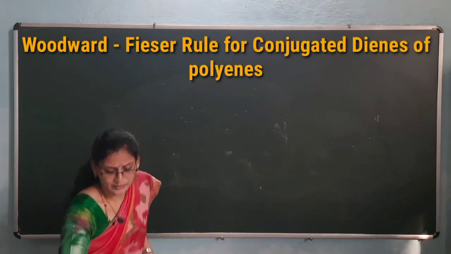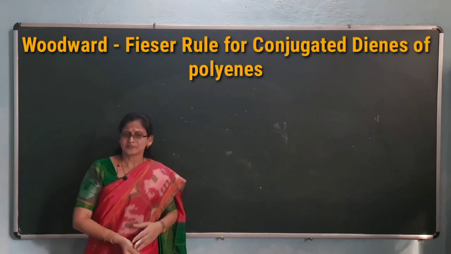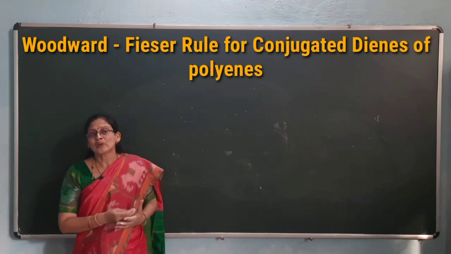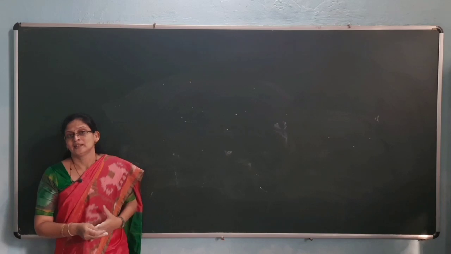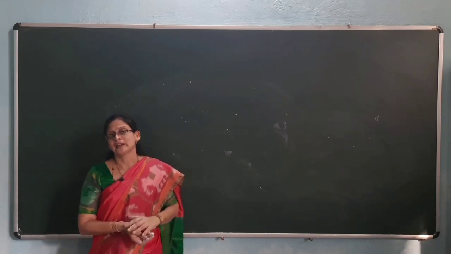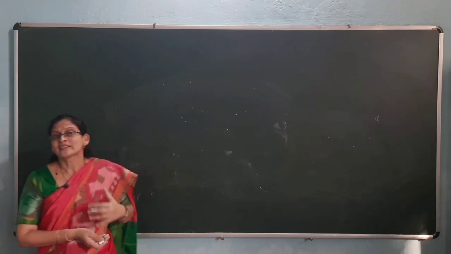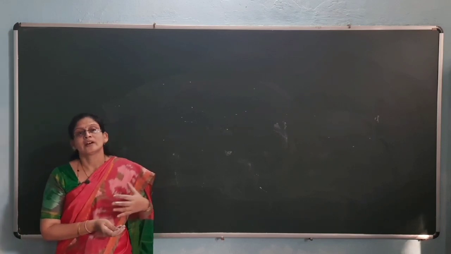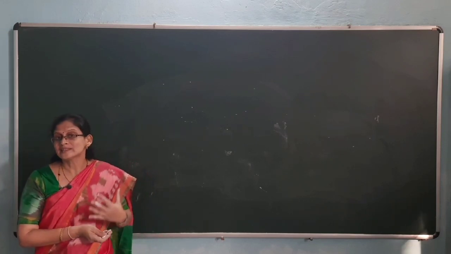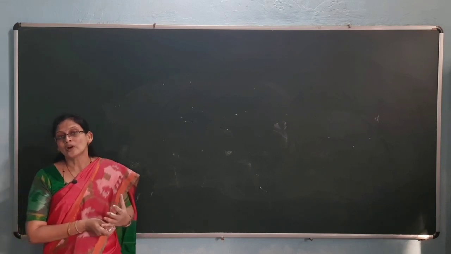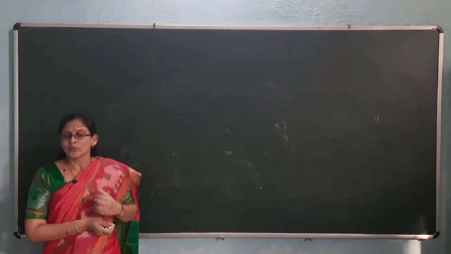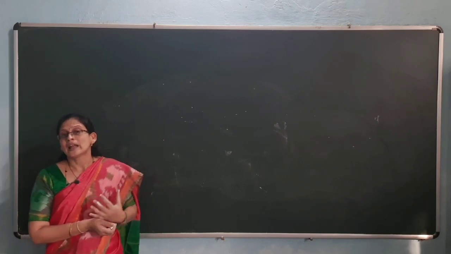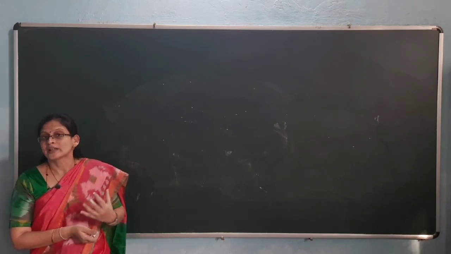In 1946, Woodward gave some values for calculating the lambda max. Then in 1959, Fieser modified this rule and gave the values depending on experimental data. Now this modified rule is called the Woodward-Fieser rule. The Woodward-Fieser rule gives some values to calculate the lambda max of conjugated dienes.